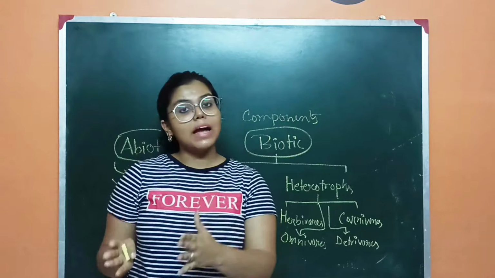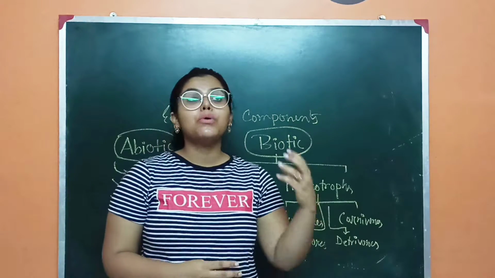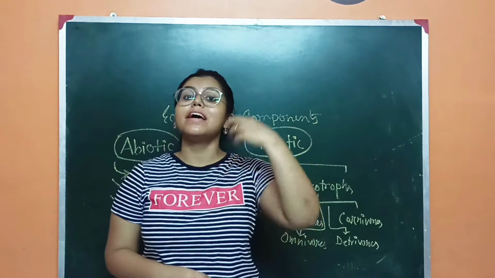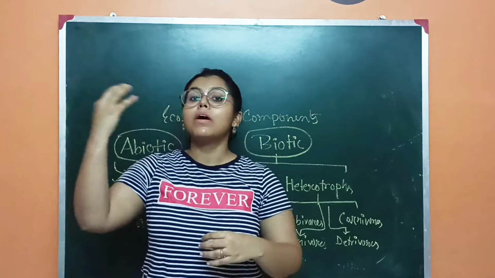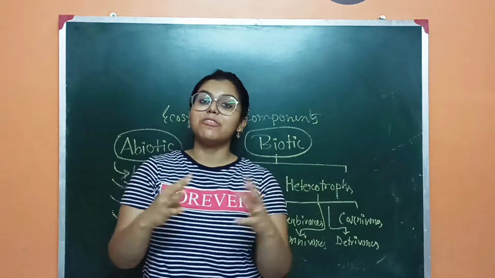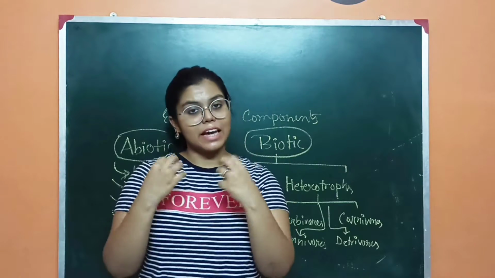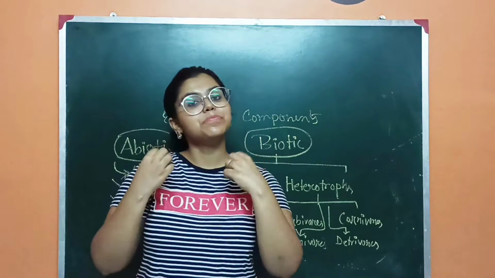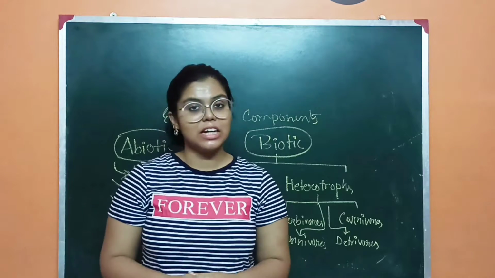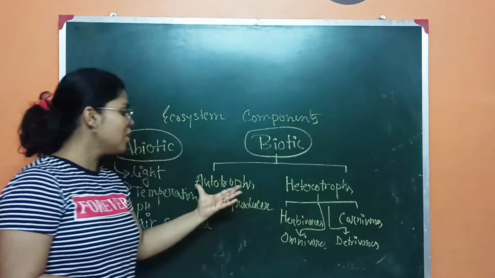The plants can do photosynthesis with the help of light, CO2 and water. They can make organic nutrients through which we can get energy. So those are the autotrophs.